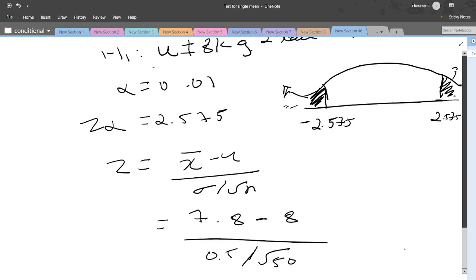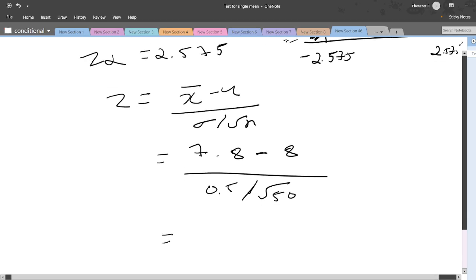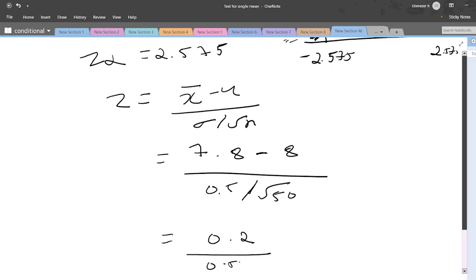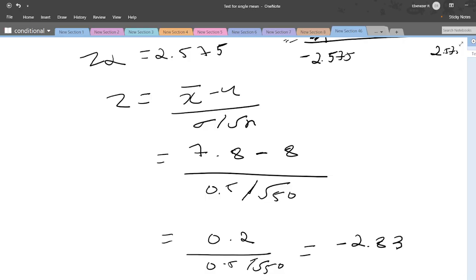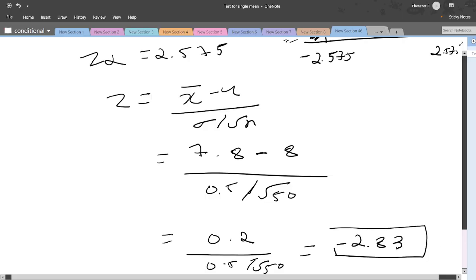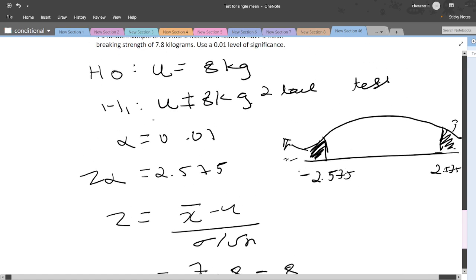That is equal to minus 0.2 by 0.5 by root 50, which is equal to minus 2.83. So this minus 2.83 is beyond minus 2.575, it lies here somewhere.